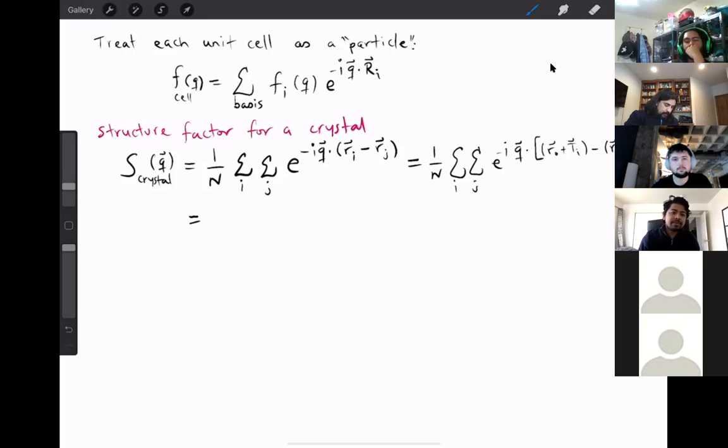So we're dividing it by n to normalize. So this is the structure factor for the whole crystal, and we're going over n unit cells. Why exactly are we dividing by n? Because we have n unit cells in our crystal. Does that sort of normalize the final result? Yeah, kind of like normalizing it.